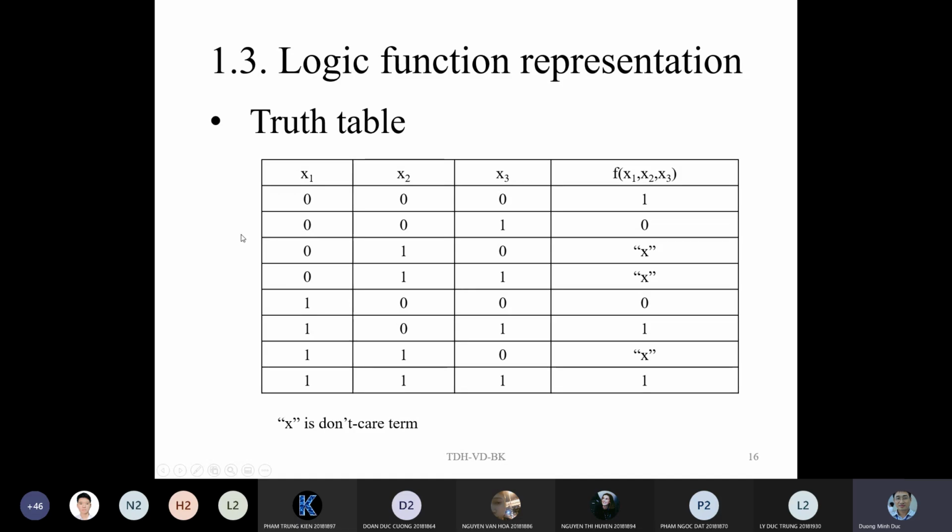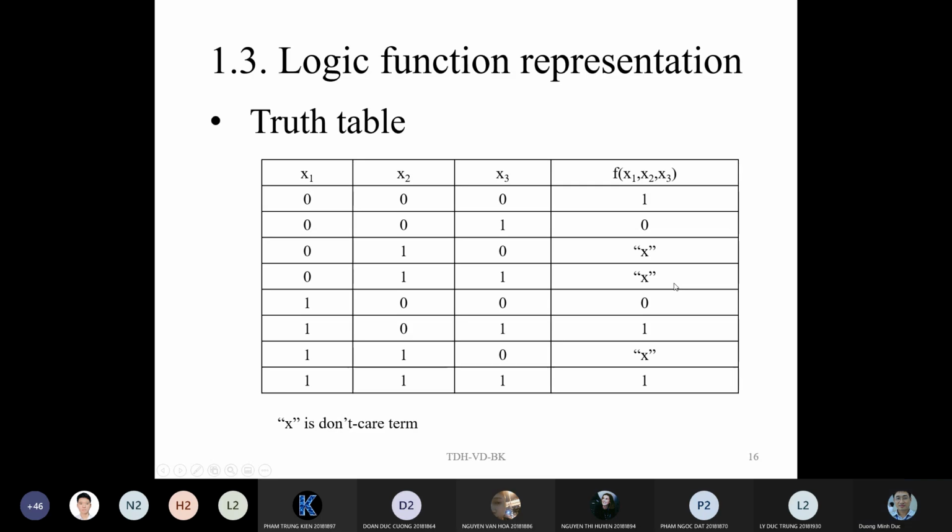Next is 0, 0, 1, which in decimal is 1. 0, 1, 0, in decimal is 2. So we have 0, 1, 2, 3, 4, 5, 6, 7 here. And the corresponding outputs, or the value of the function, are written down here. Corresponding to each combination, we have the value here.